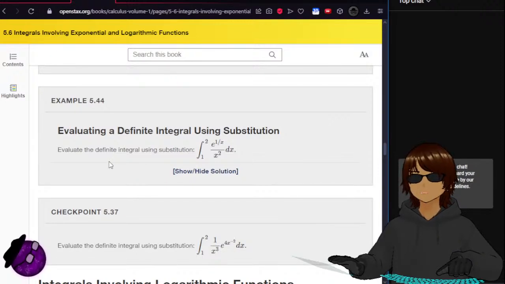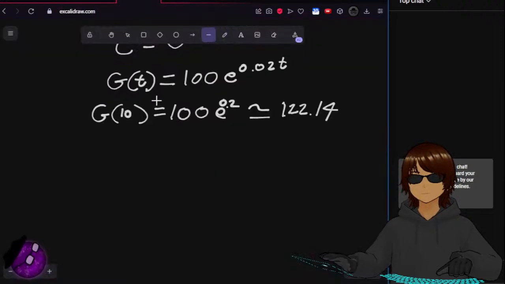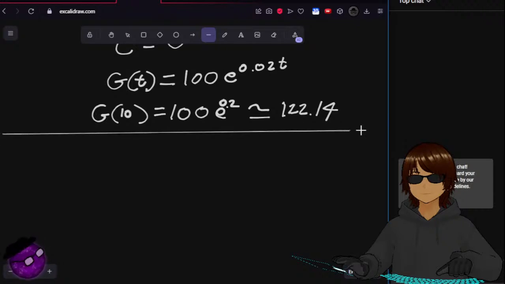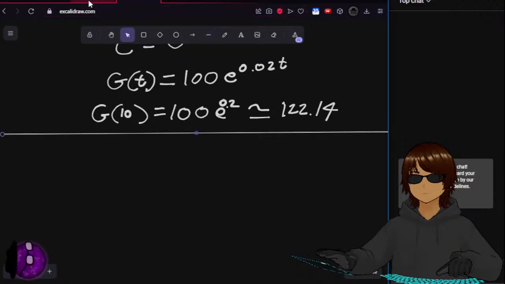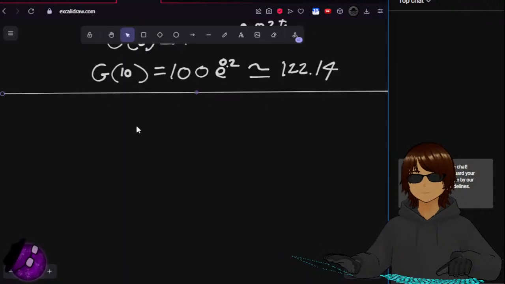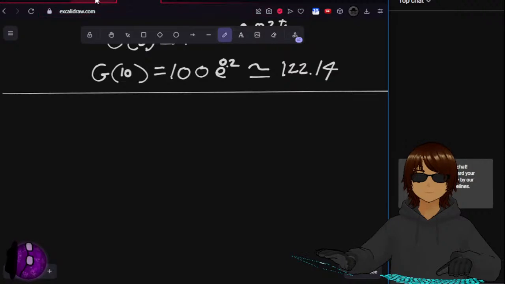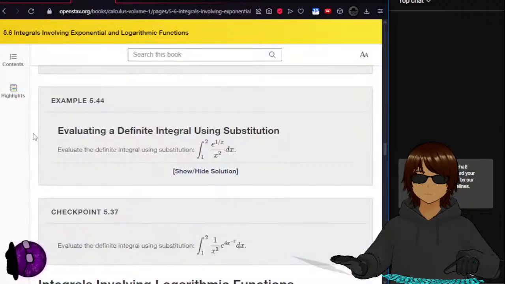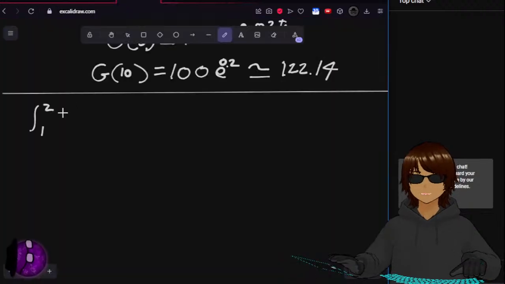Evaluate the definite integral using substitution. e to the power of 1 over x over x squared dx.